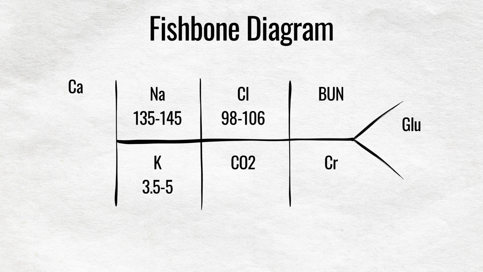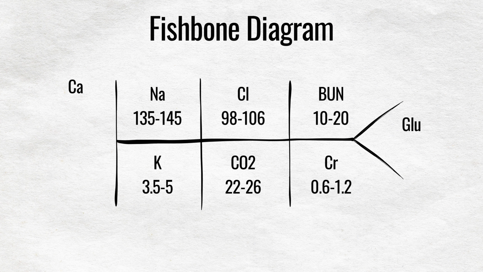The CO2, sometimes referred to as the bicarb, is 22 to 26 mEq per liter. The BUN normal range is about 10 to 20 milligrams per deciliter, and the normal range for creatinine is 0.6 to 1.2 milligrams per deciliter. Both the BUN and creatinine actually vary slightly between sexes, but for ease of memorization, these numbers are sufficient.